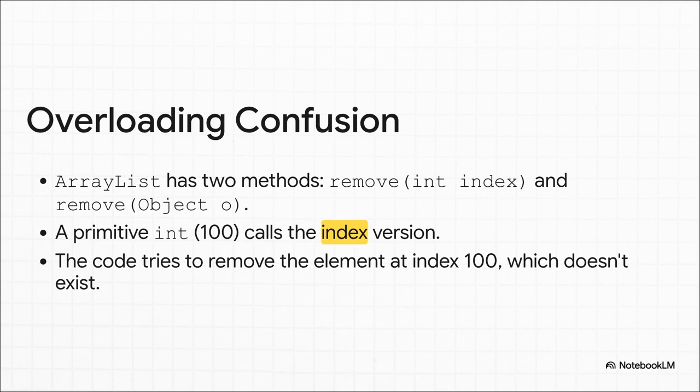So you think you're telling it to remove the value 100, but you're actually telling it to remove the element at index 100. And since our list only has 4 elements at indices 0, 1, 2, and 3, index 100 is way, way out of bounds, and boom, exception.